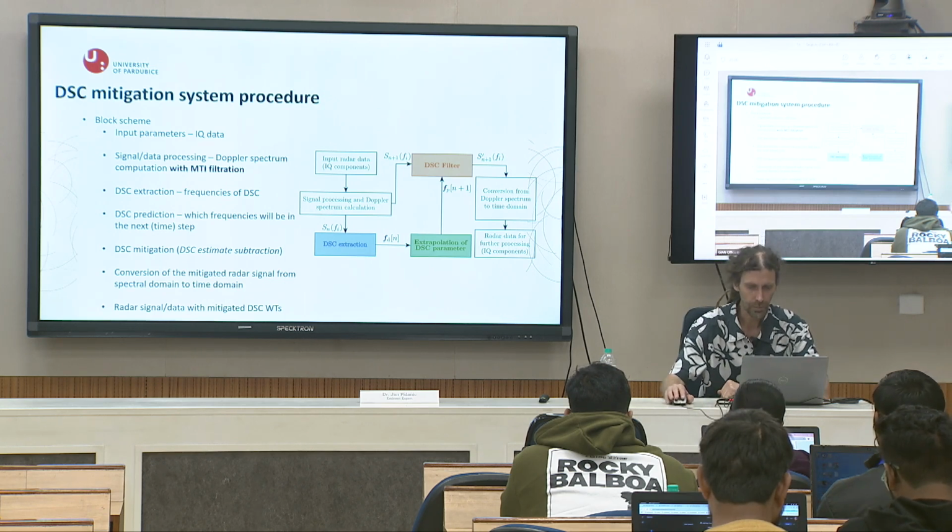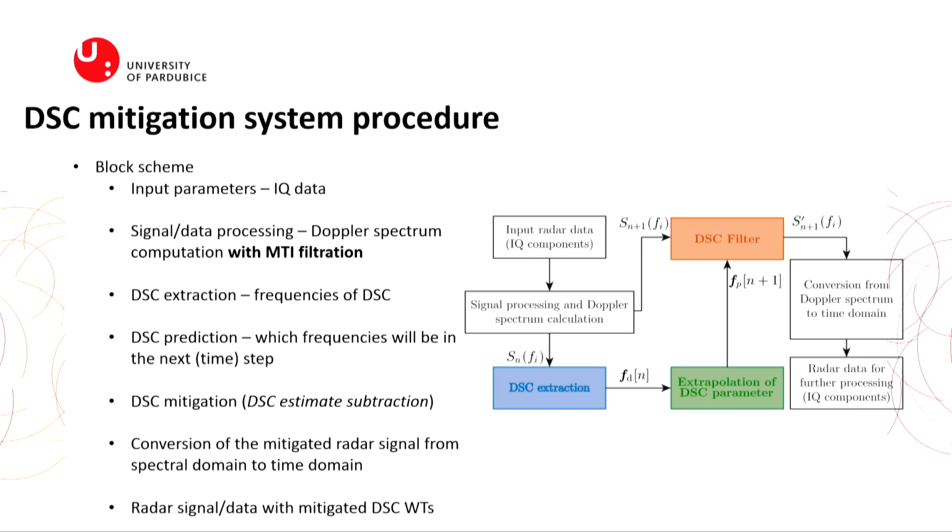So when we have located or extracted these DSC components, at the current time step we feed them into the prediction block. It is an extrapolation of the DSC parameters, based on the unscented Kalman filter method, which estimates from the present value how the DSC parameter will look in the next time step.